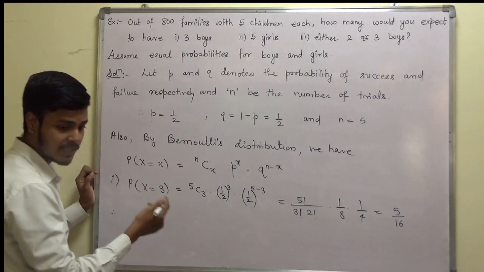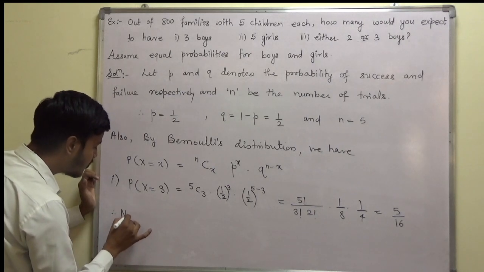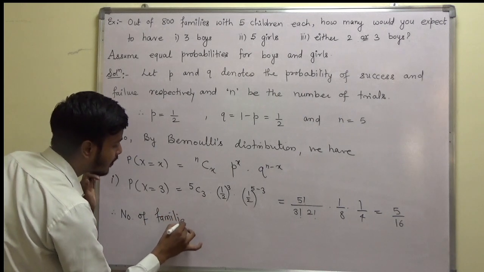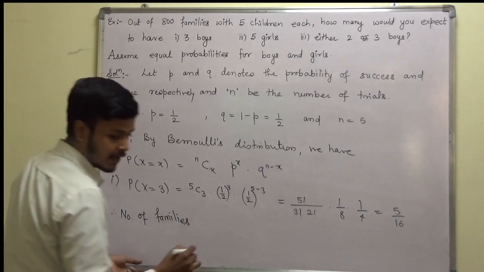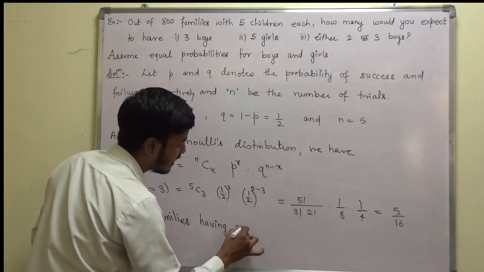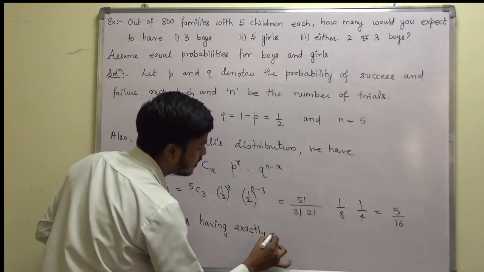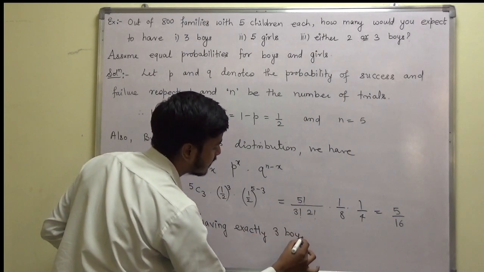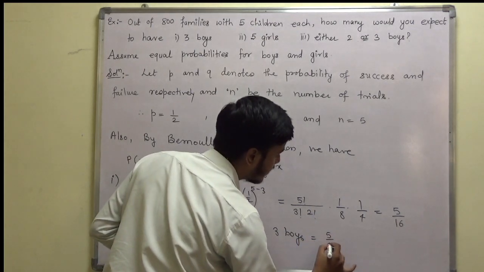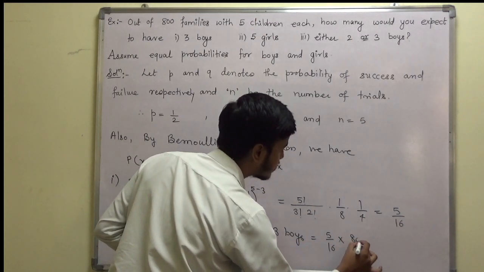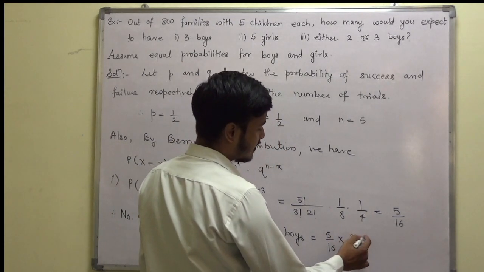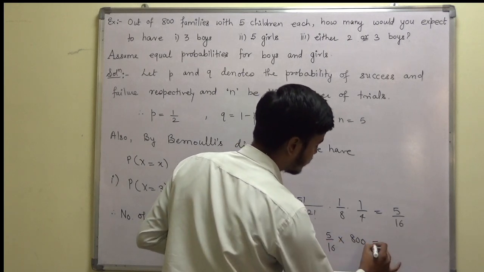Therefore, the number of families having exactly 3 boys is equal to 5 by 16 into 800. 16 fives are 80, so this is 5 into 50, which is 250.